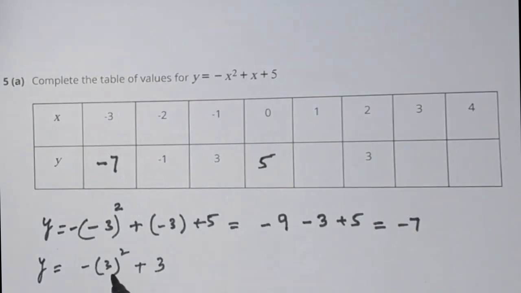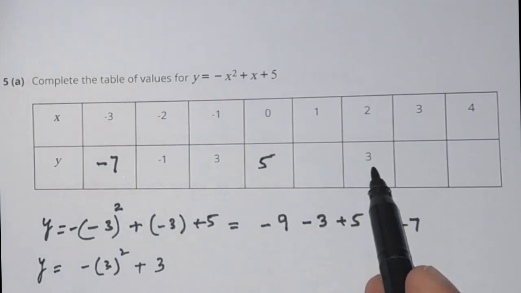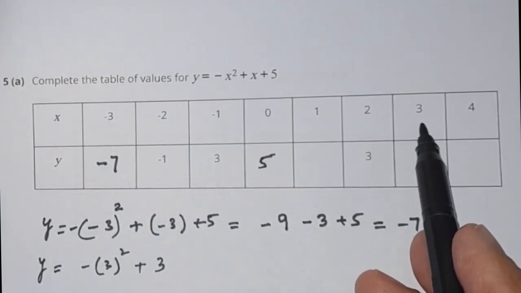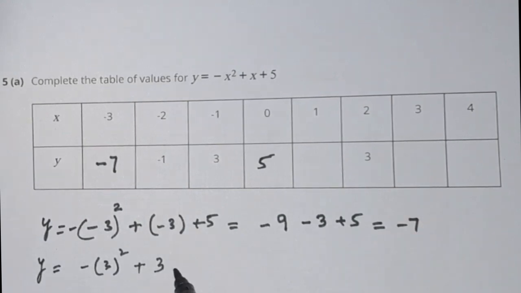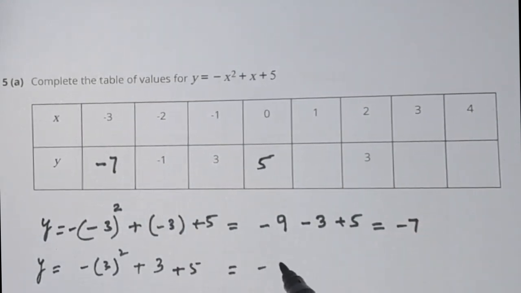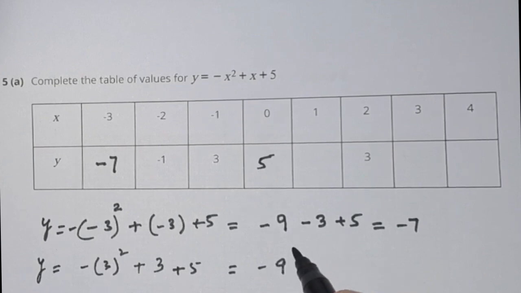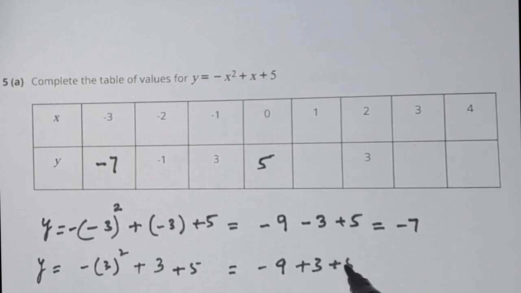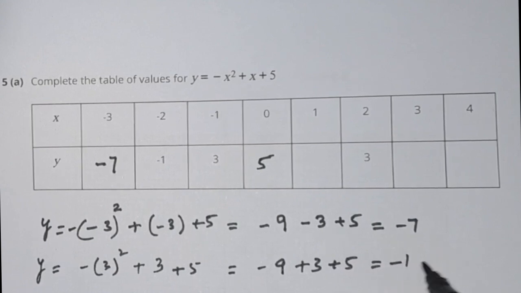Minus 3 squared plus 3 for this, x is equal to 3, and plus 5 is equal to minus 9 plus 3 plus 5, which is equal to minus 1.